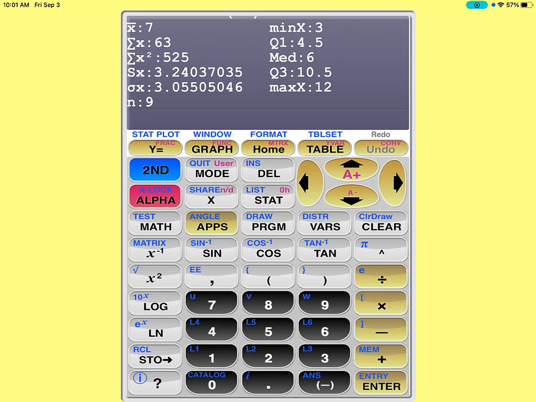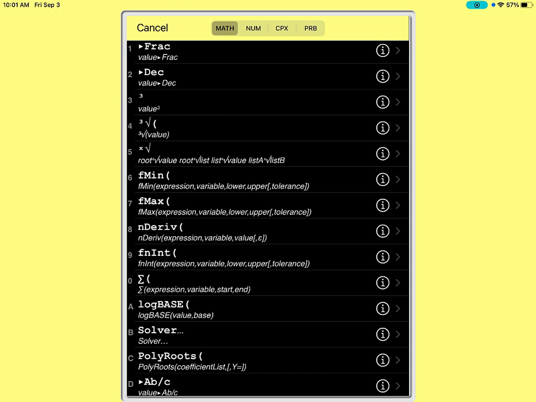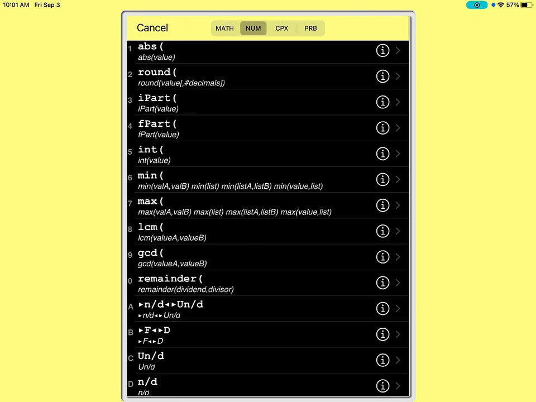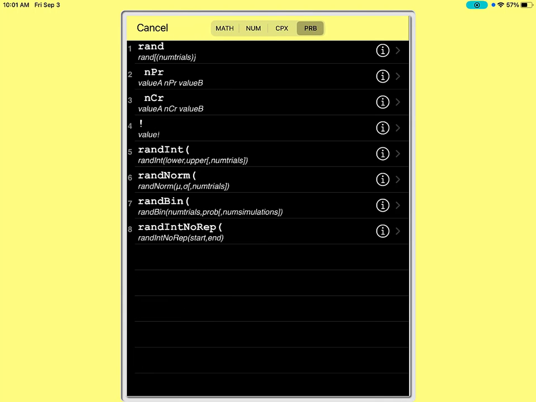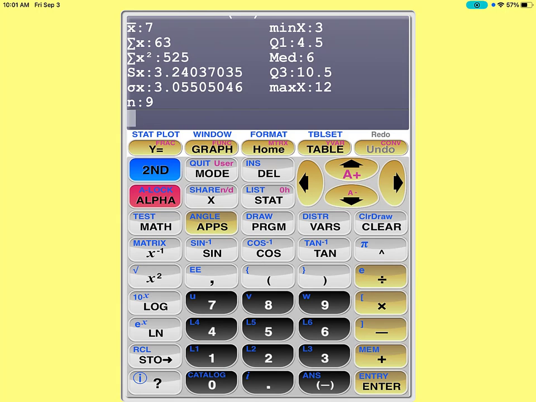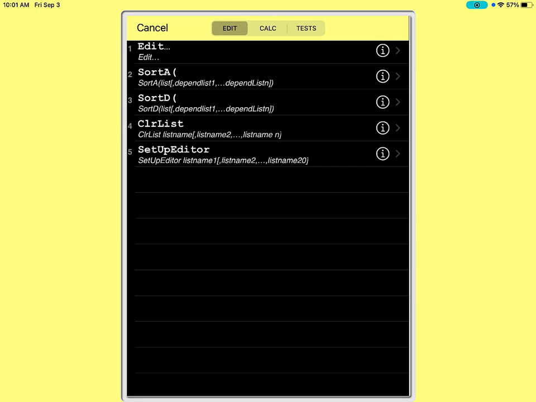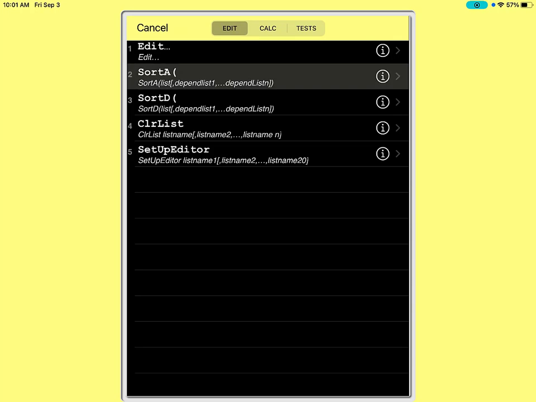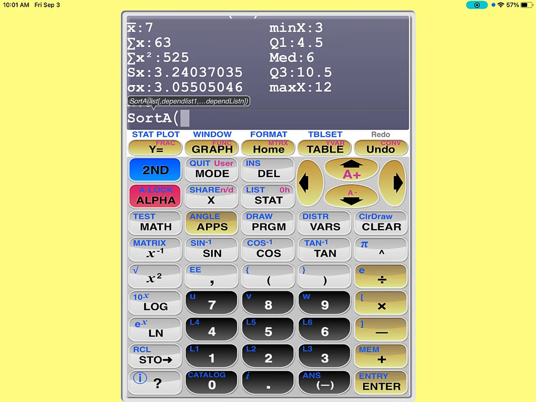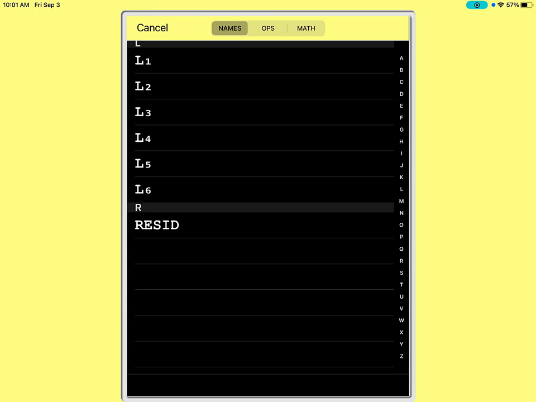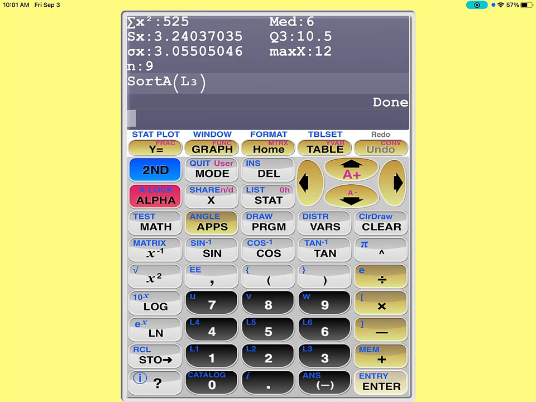That's super important. And I also want to do something else. Stat. Okay, so I went to stat, and if you do sort by ascending, and you put in list 3, so second stat, list 3, it's going to put all the numbers in order for it.